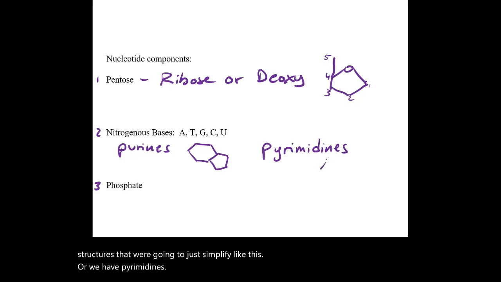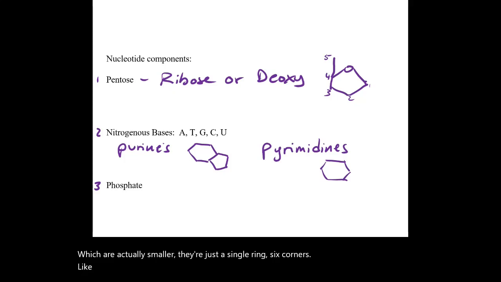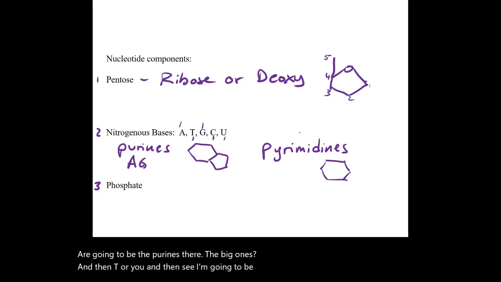They're just a single ring with 6 corners, like that. All right, so A and G are going to be the purines. They're the big ones. And then T or U and then C are going to be the pyrimidines.